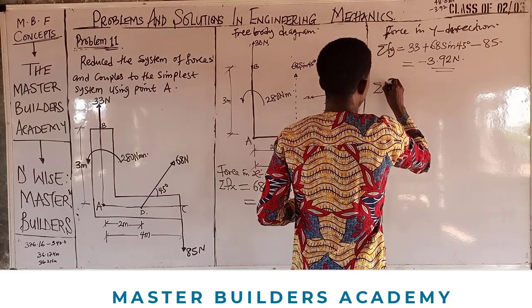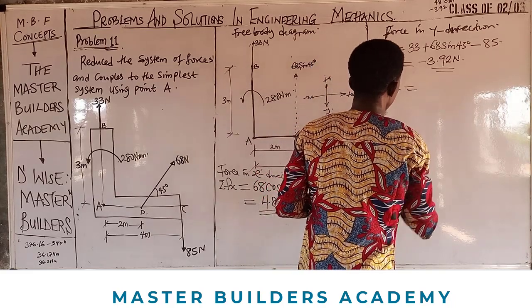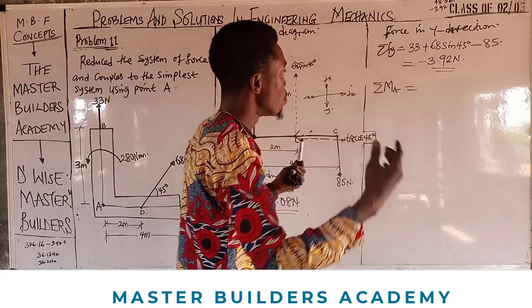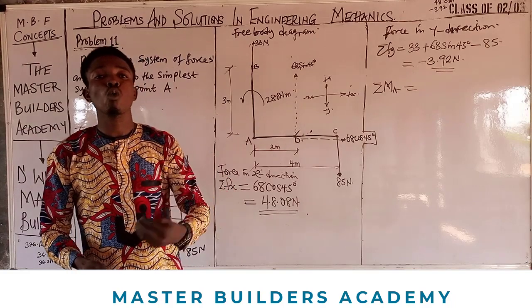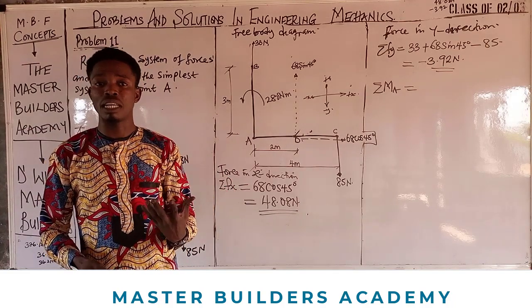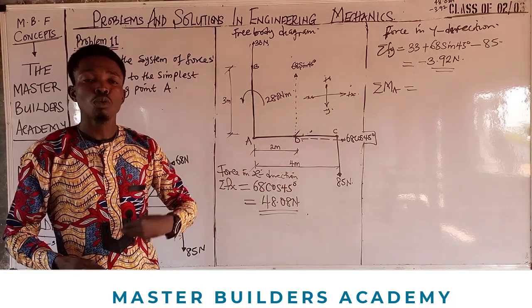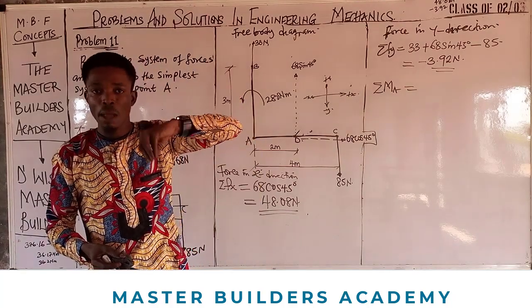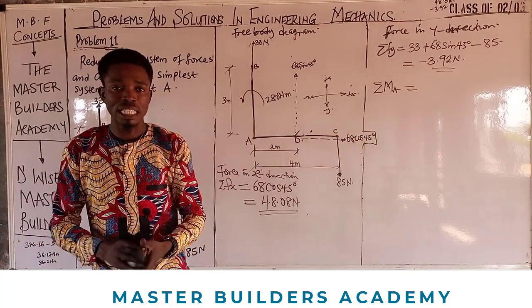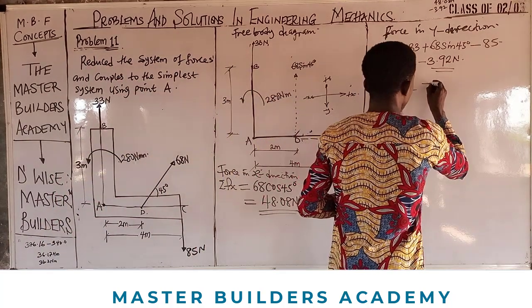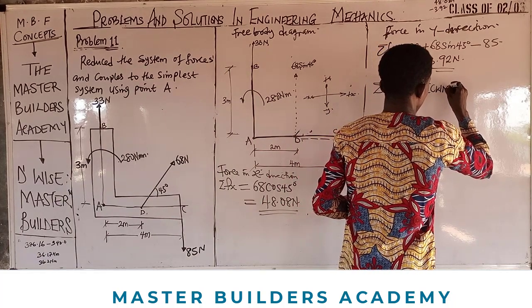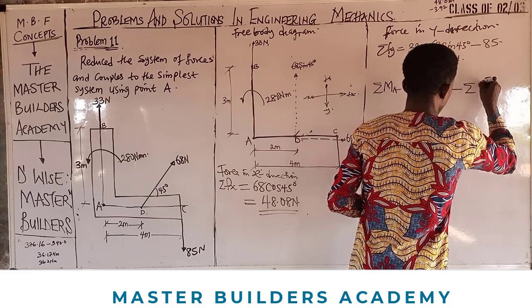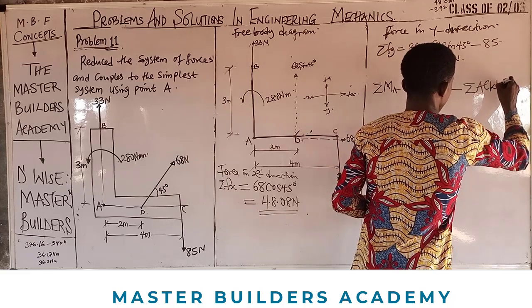sum of what? Moment at A will be equal to, okay, moment. For the sum of moment, we are quickly going to have clockwise moment minus anti-clockwise moment, because the sum of moment at A will be equal to the clockwise moment minus the anti-clockwise moment at A. So we have summation of clockwise moment minus summation of anti-clockwise moment.